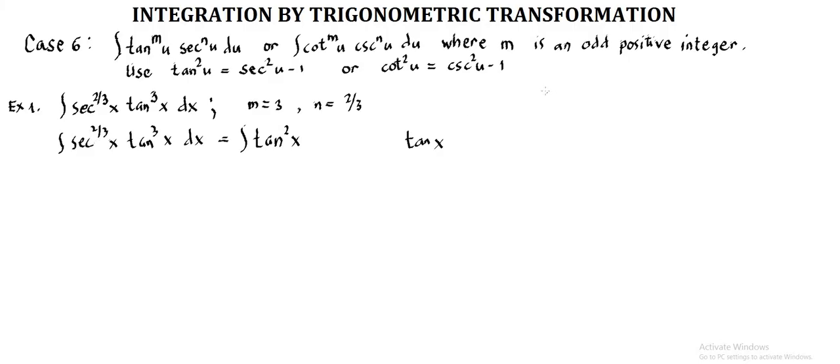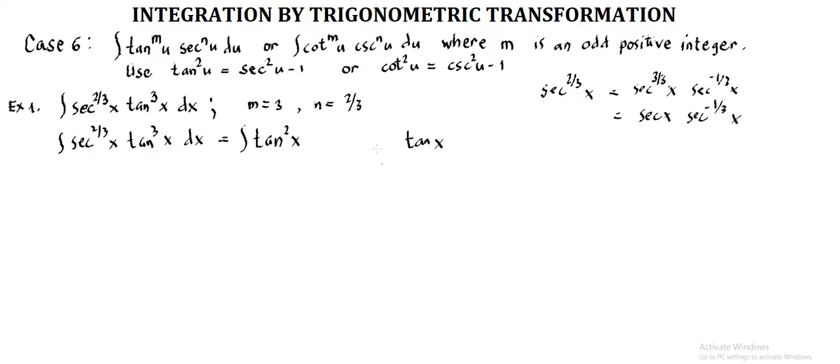At yung secant raised to 2/3 of x, equal din ito sa secant raised to 3 over 3 of x times secant raised to negative 1/3 of x, or secant of x secant raised to negative 1/3 of x.